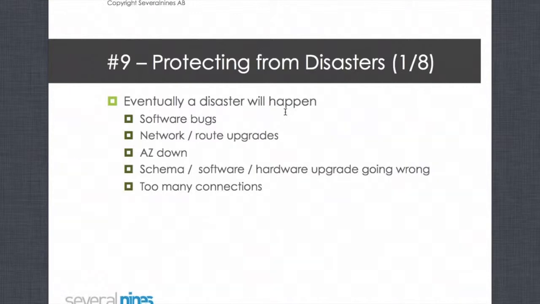It can also be that you're getting a connection storm to your database service, like a denial of service attack, for example. Or a software bug that is caused by the upgrade, like the things that we were talking about in the schema upgrade section earlier.